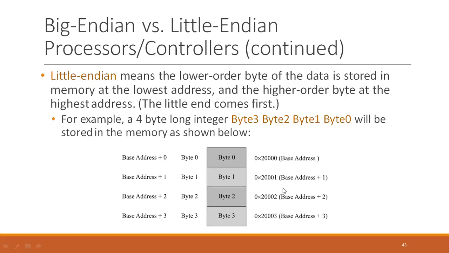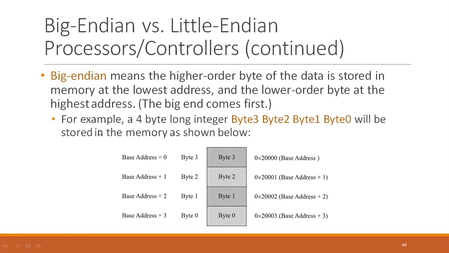In other words, the lower order byte of the data is stored in memory at the lowest address. 20,000 is the lowest address, and 20,003 is the highest address. The higher order byte will be stored at the highest address. For example, a 4 byte long integer, byte 3, byte 2, byte 1, and byte 0, will be stored in memory as shown below, right? This is how your little endian notation works.